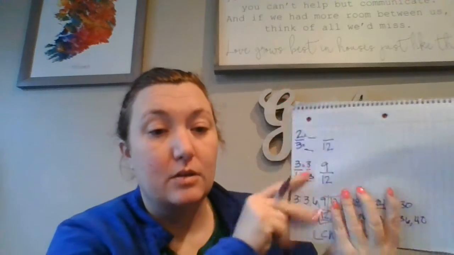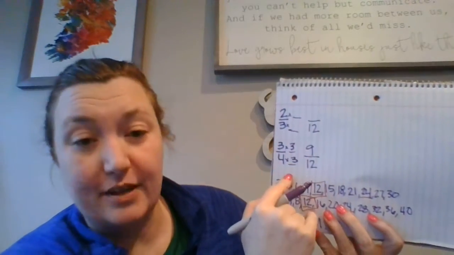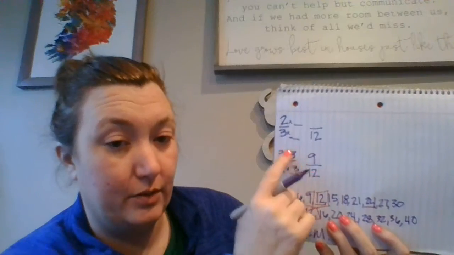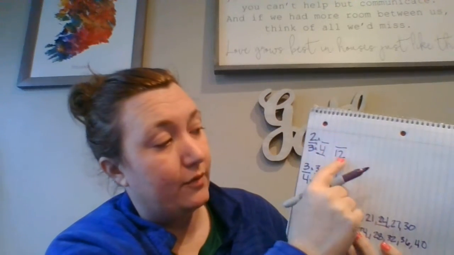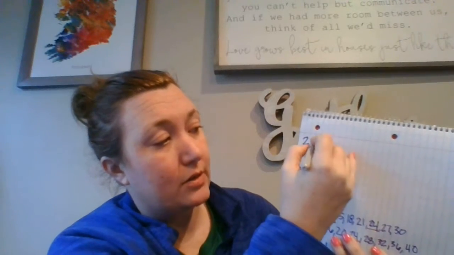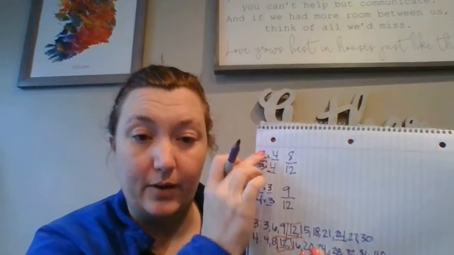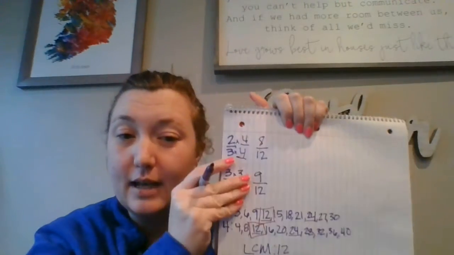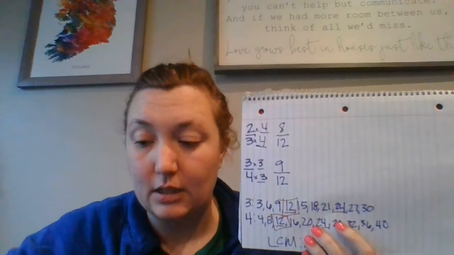Then here, it's almost like flip-flopped. 3 times what equals 12? Well, we saw 4 times 3 equals 12, so 3 times 4 equals 12. And then 2 times 4 equals 8, because anything we do to the bottom, we have to do to the top, right?